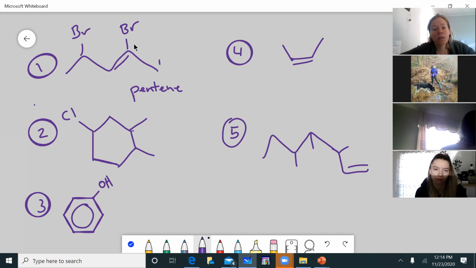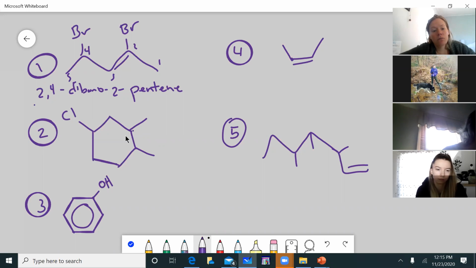So this is 1, 2, 3, 4, 5. So the double bond starts on the 2. So it's 2-pentene. Then I have to add any accessories. I have 2 bromines. So we've got a dibromo. And those are on 2 and 4. So 2,4-dibromo-2-pentene.